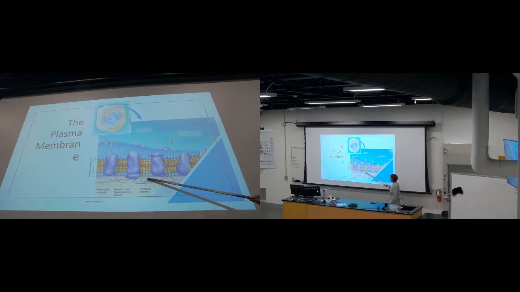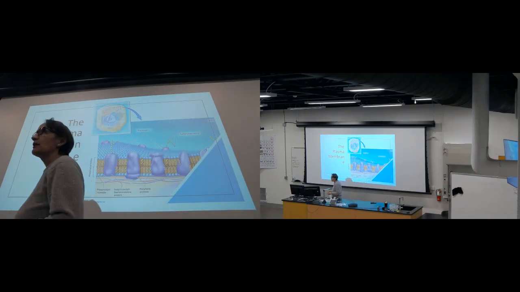So here is an example of cytoskeletal proteins. And then these are cholesterol molecules, and these are carbohydrates attached to these proteins. So they form a glycoprotein. Glyco for carbohydrate, proteins for proteins. So these are the components of the plasma membrane. Any questions?